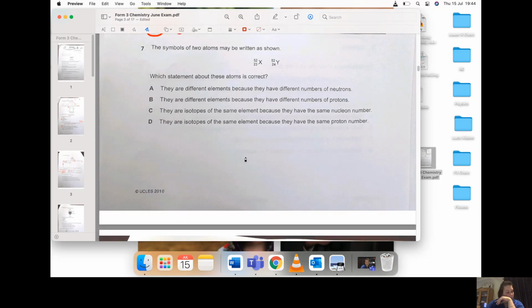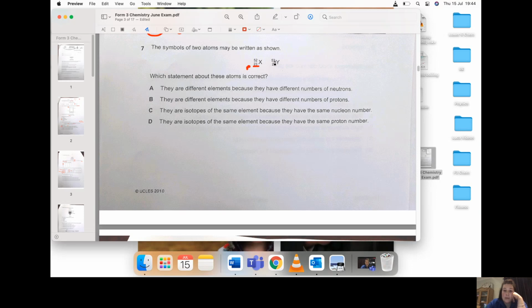Okay, question 7. The symbols of two atoms may be written as shown. Which statement about these atoms is correct? So what you need to do is go and find these numbers, remembering that the smaller number is your proton number in both of them.